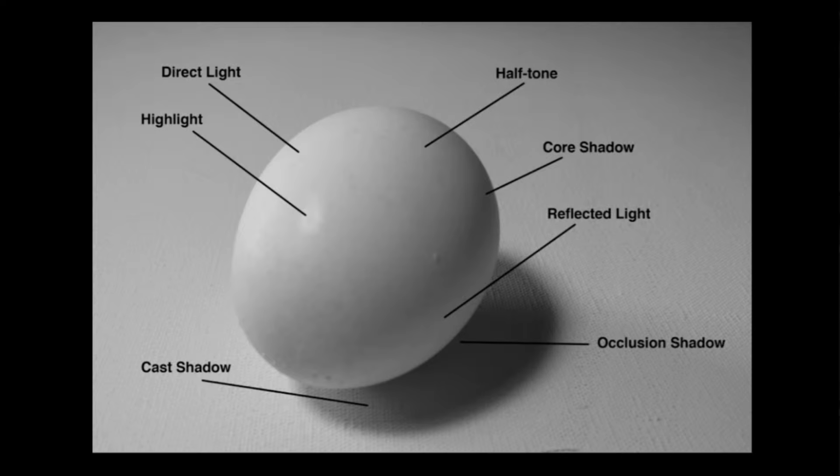Sorry, the light source is hitting this object in this case from the upper left, because the cast shadow is on the lower right. The highlight is on the upper left, nearest the light source, and the cast shadow is on the lower right. In situations where you have only one light source, like in this case, I was in control of this environment when I took the photo.